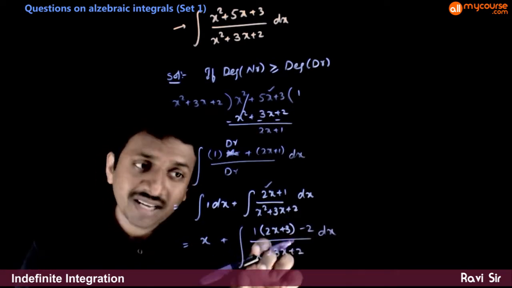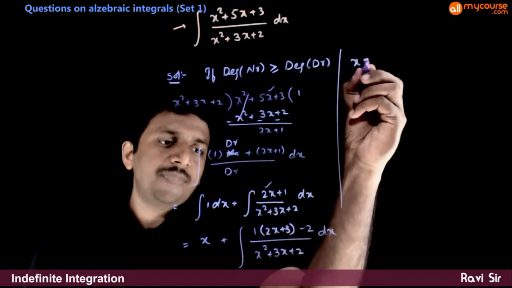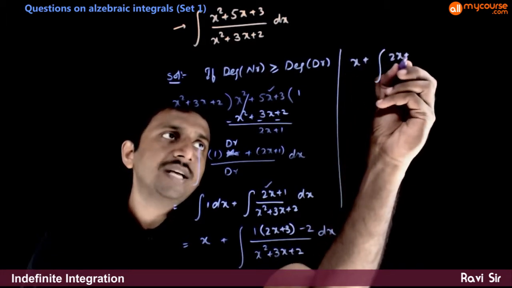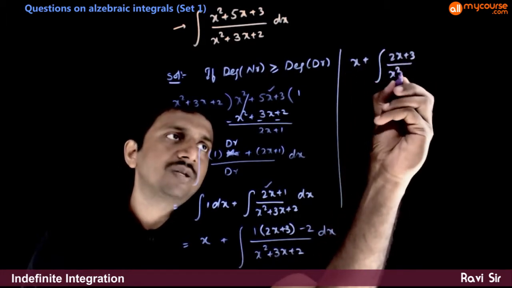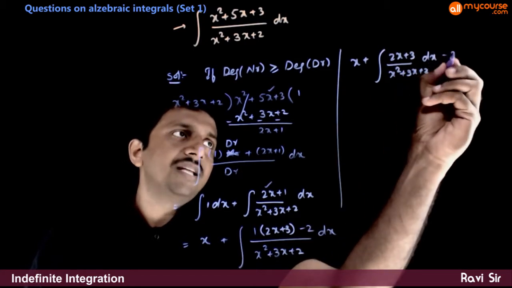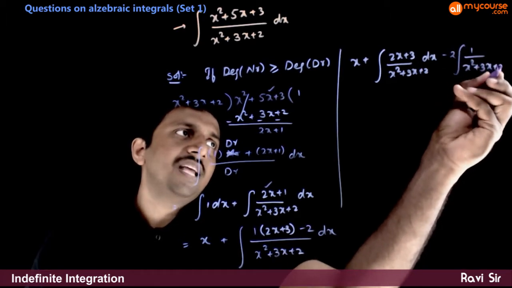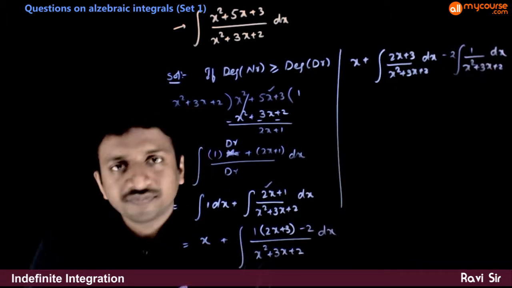Now I'll separate this again into 2 terms. So you get x plus the integration of (2x plus 3) by (x square plus 3x plus 2) dx, minus 2 times the integration of 1 by (x square plus 3x plus 2) dx.